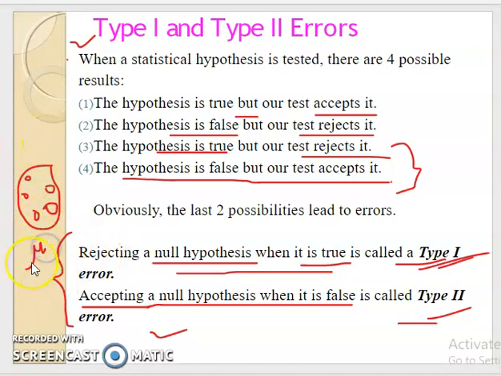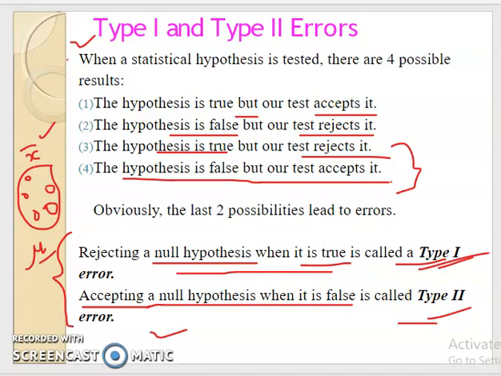The sample mean is x bar, and when we take different x bars and do calculations in order to get mu, the population mean, it can cause some errors. Those errors are type 1 and type 2 errors, and they arise due to the random selection of the samples.